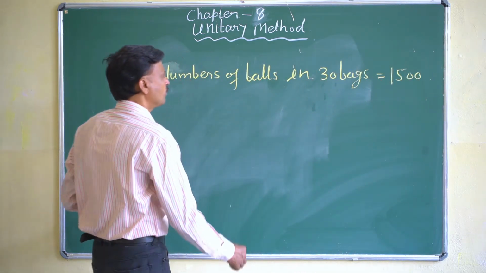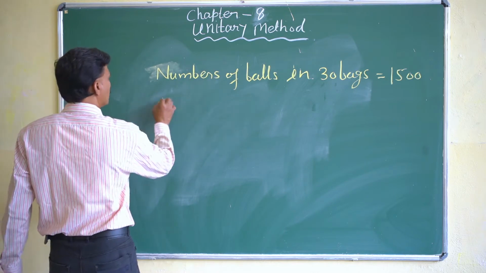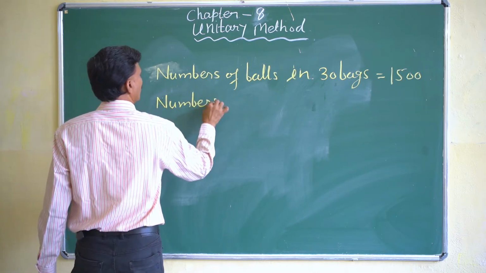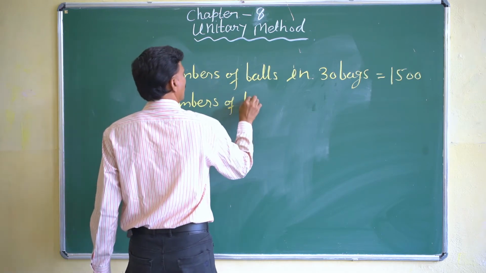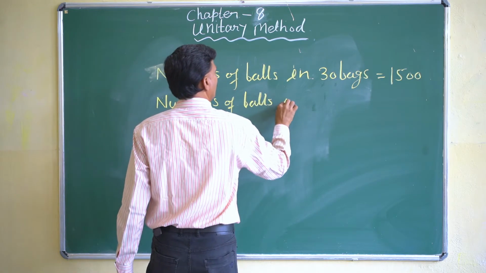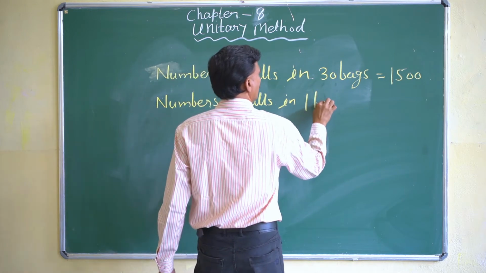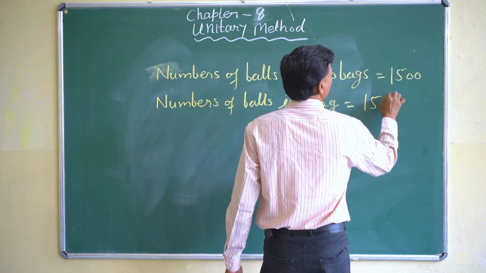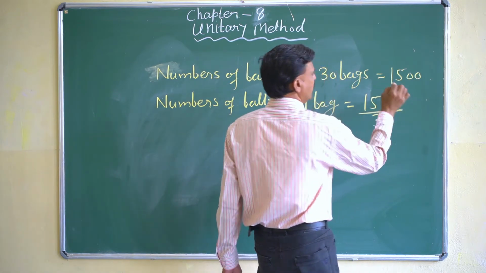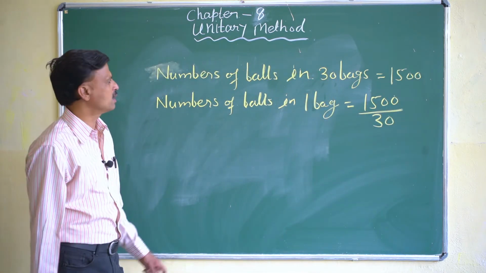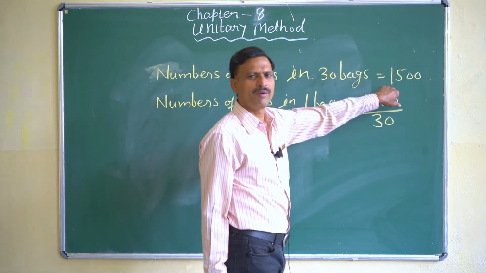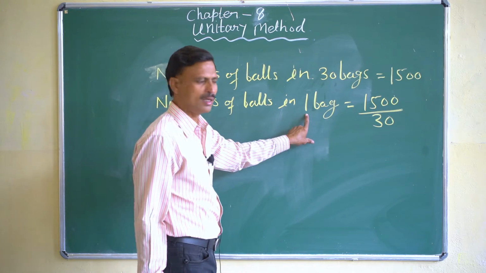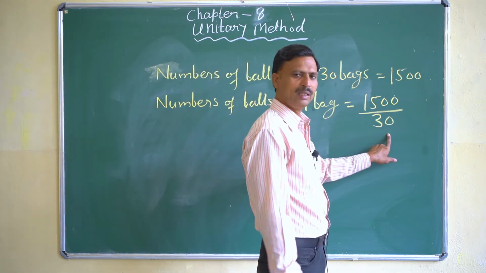So the number of balls in one bag, what will we do? 1500 will be divided by 30, because in 30 bags there were 1500 balls, and we are finding the number of balls in one bag.